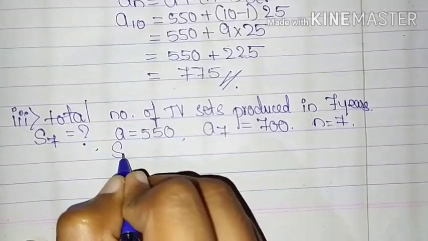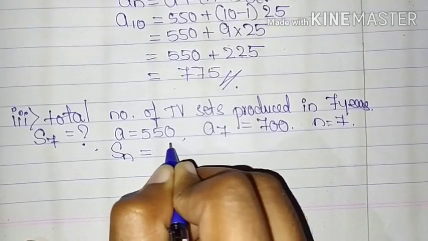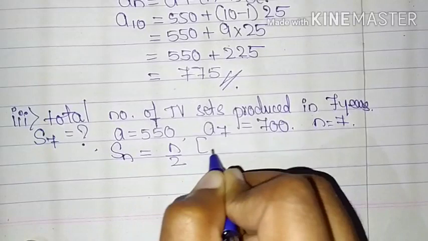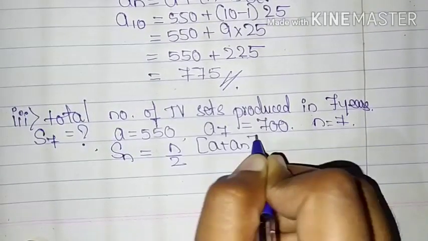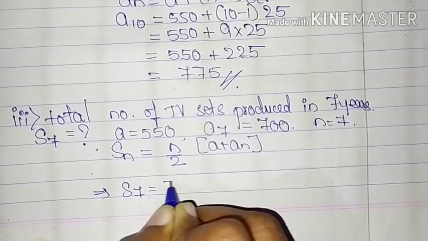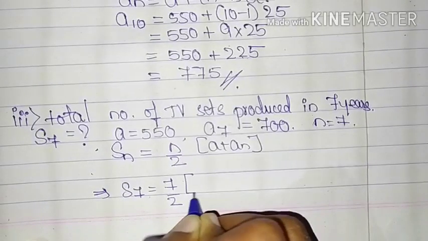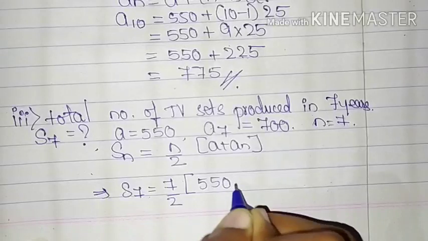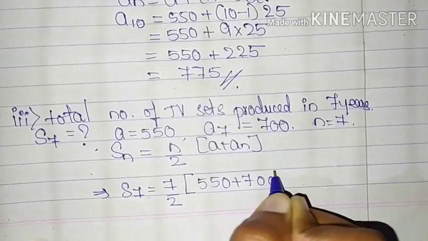So Sn is equal to n by 2 into a plus an. This implies S7 is equal to 7 by 2 into 550 plus 700.